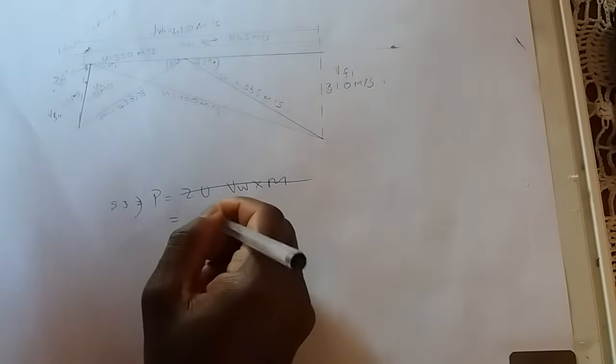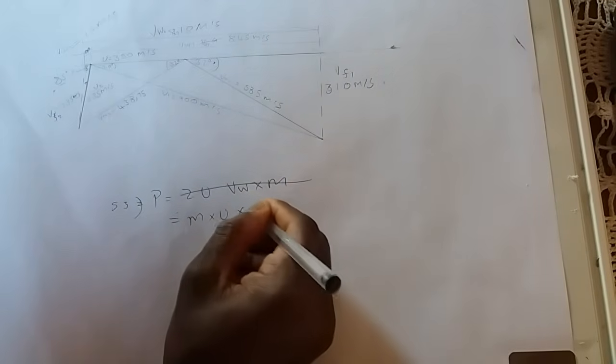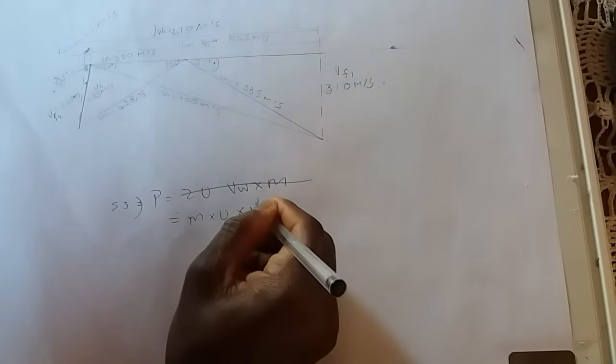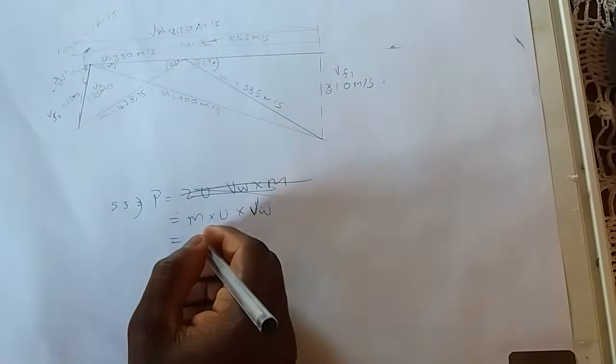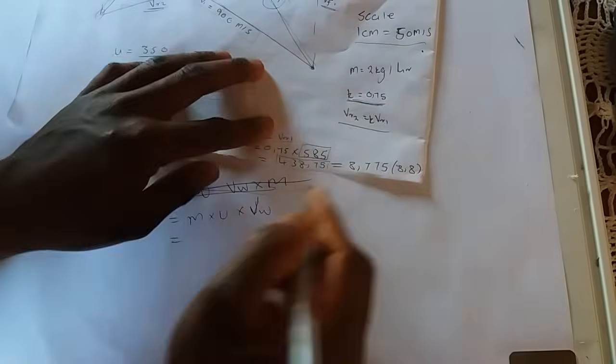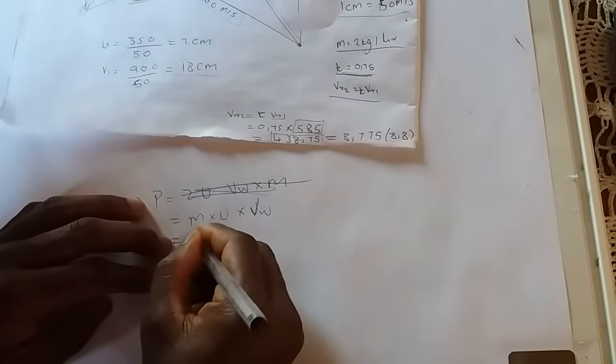The formula for power is M times U times VW. And then our M, we know our M, where's our M? This is our M. It's 2 kg per hour.